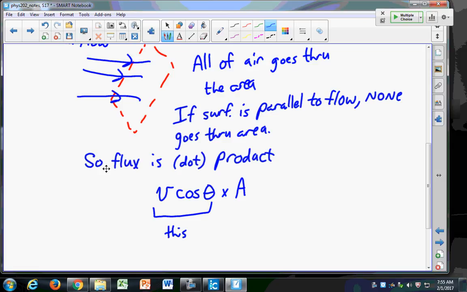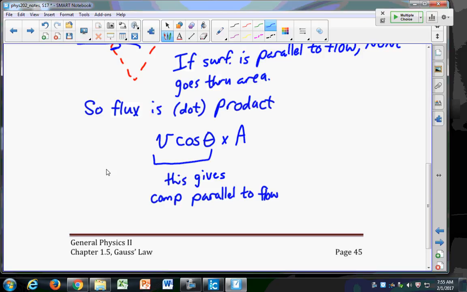I'm sorry, let me rephrase that. So this gives the component parallel to the flow. All right.